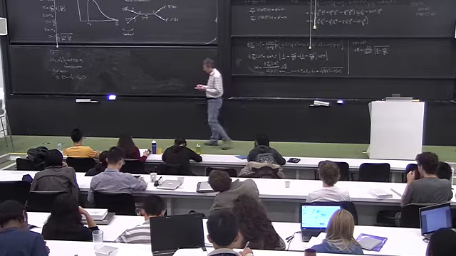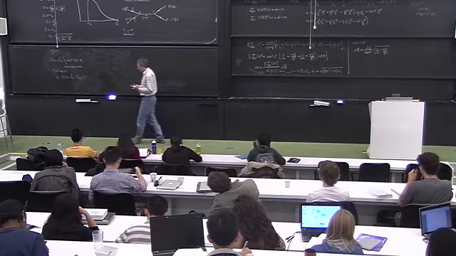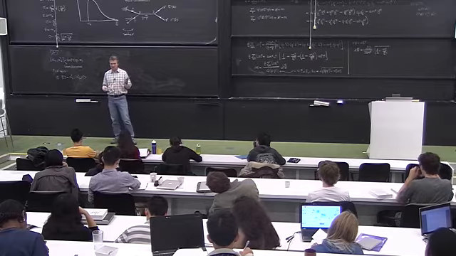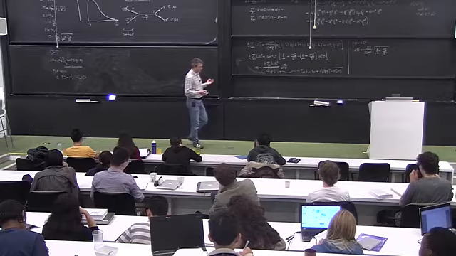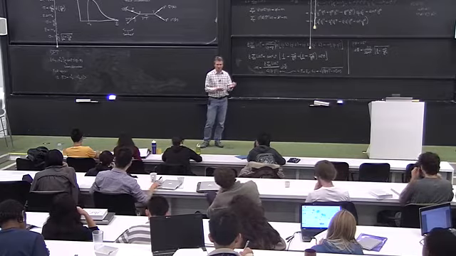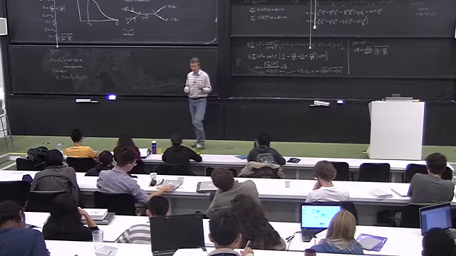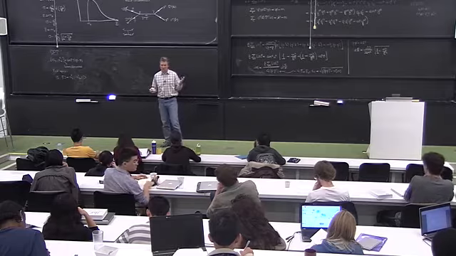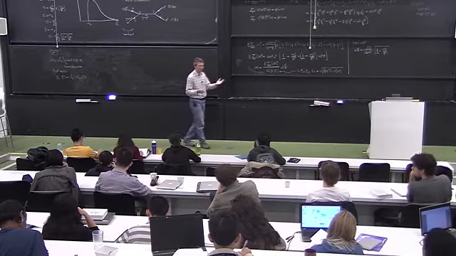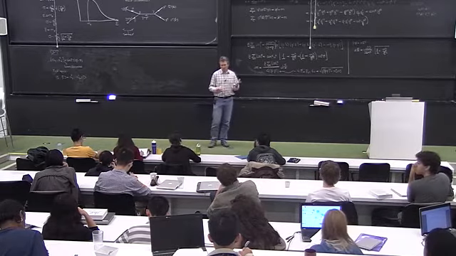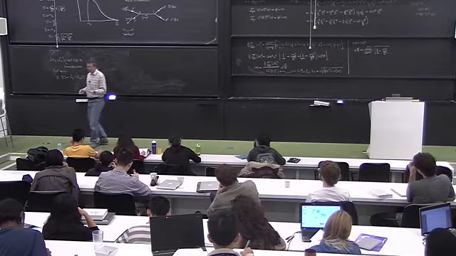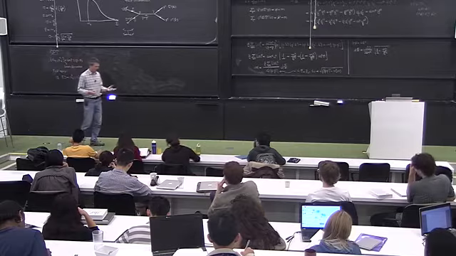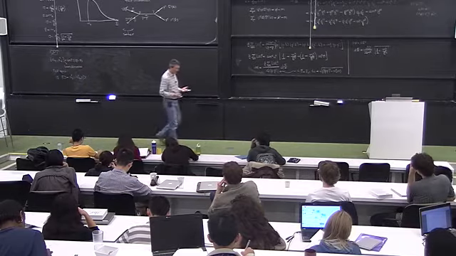All particle interactions can be understood as processes of creation and annihilation of virtual particles. And even the forces acting between particles, like the electromagnetic interactions, can be understood as the result of exchange of photons between electrons. And so this is actually a general principle that underlies all interactions in nature.